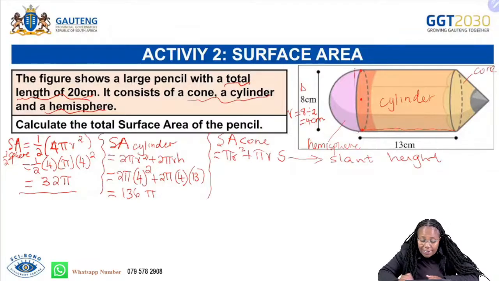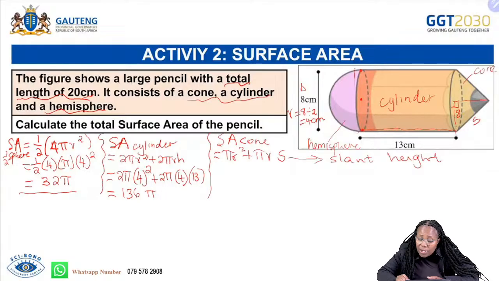It is your slant height. That means s is this side here. But you are given the radius of this being 8 there. So we want to calculate this slant height here. So we must start by calculating that.